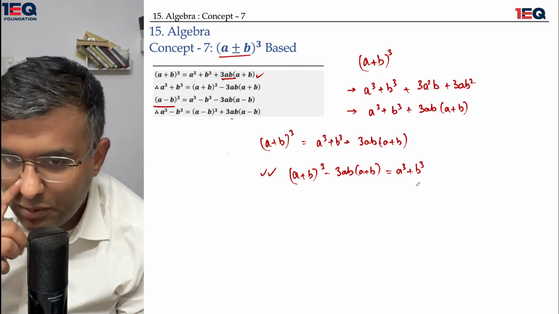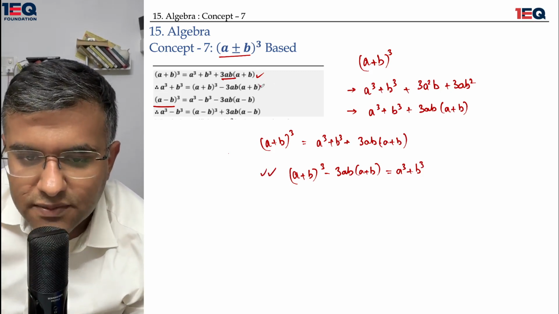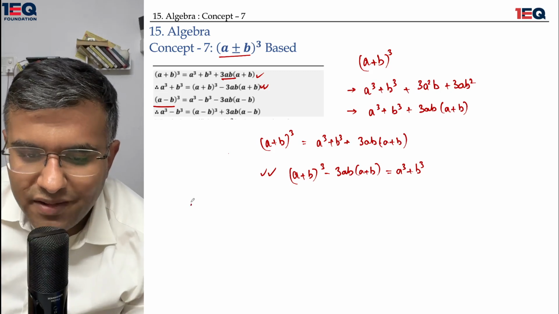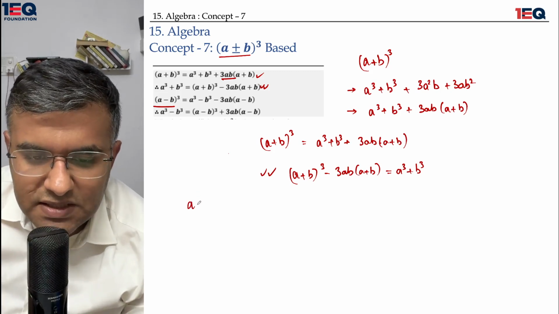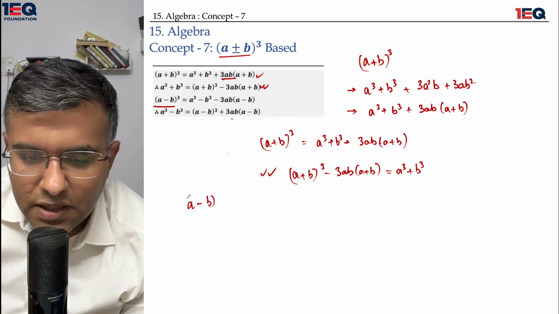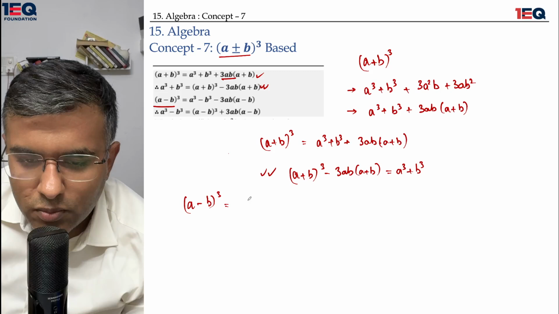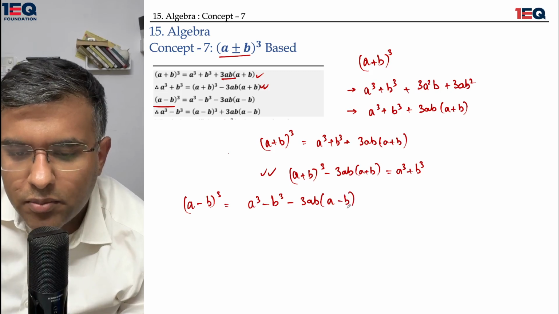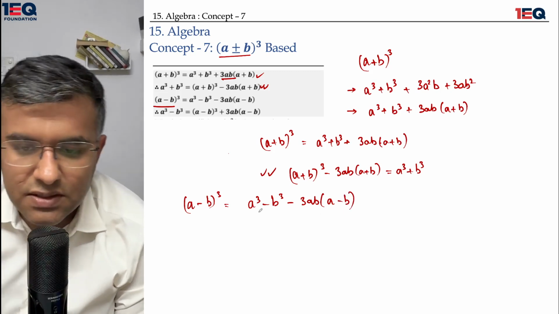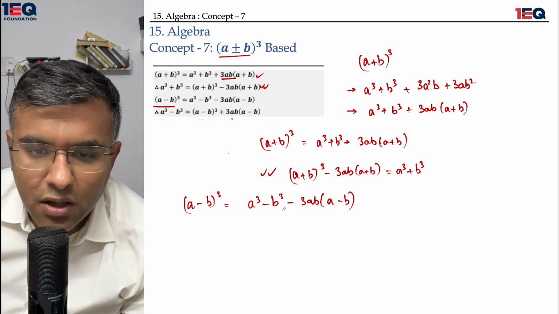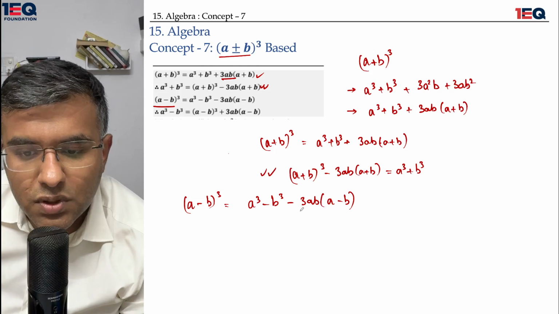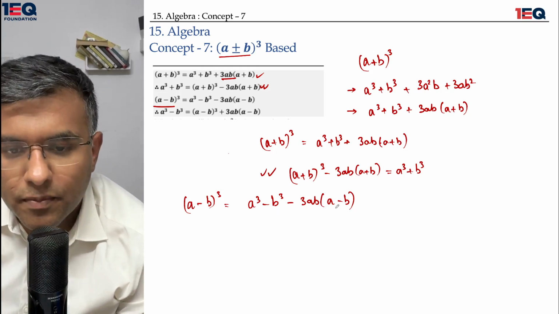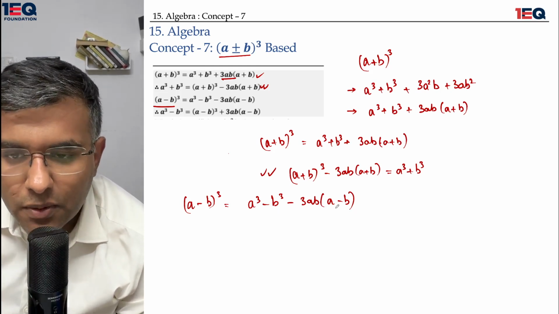I hope you're able to understand how this form came out to be. But when I place things in the bracket of a minus b whole cube, it comes out to be a cube minus b cube minus 3ab in the bracket a minus b. All the signs except that of a would flip themselves to negative. I hope everybody is able to understand what I'm talking about.